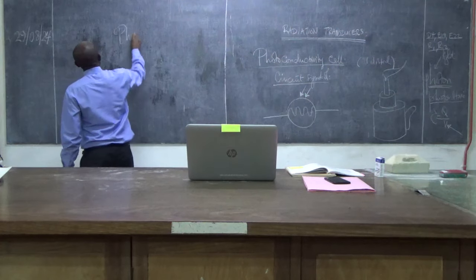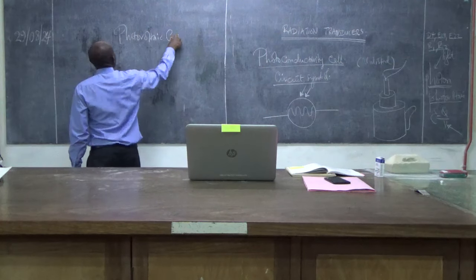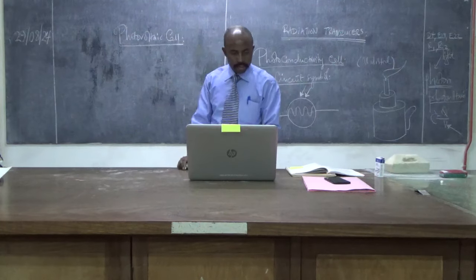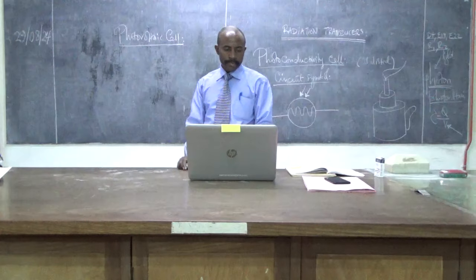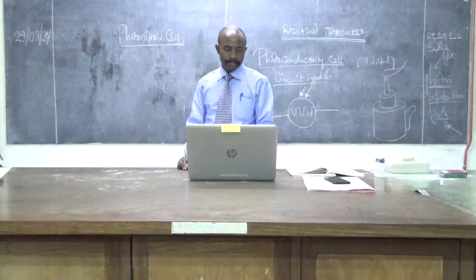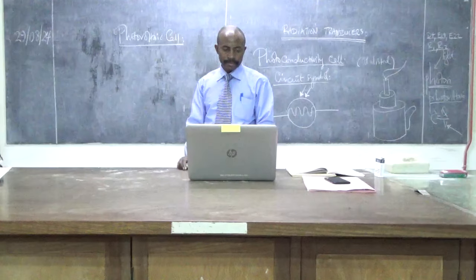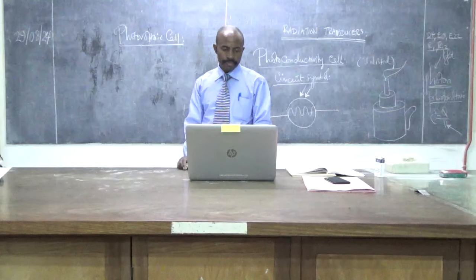Then for a photovoltaic cell, I don't know whether I'm about to finish. There is a photovoltaic cell, then bolometers and thermocouples, light emitting diodes, seven segment, crystal, no problem. We shall be able to go fast next time.